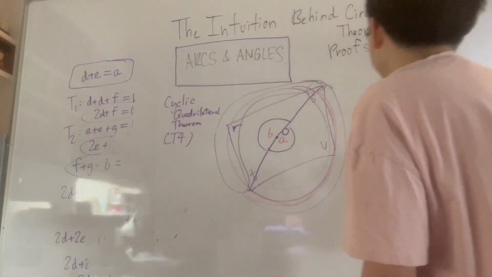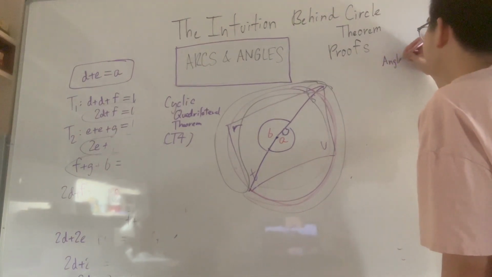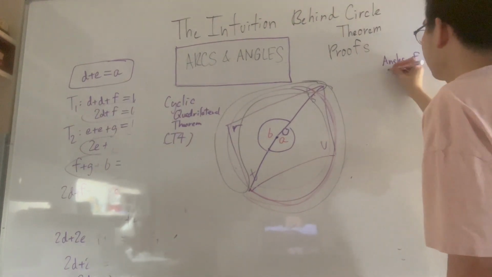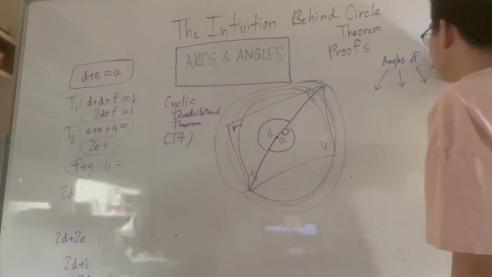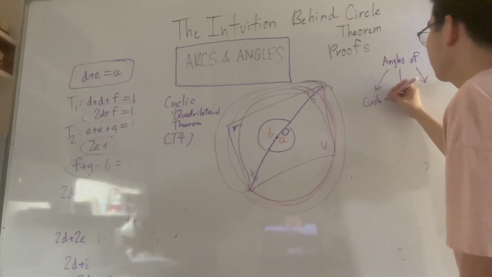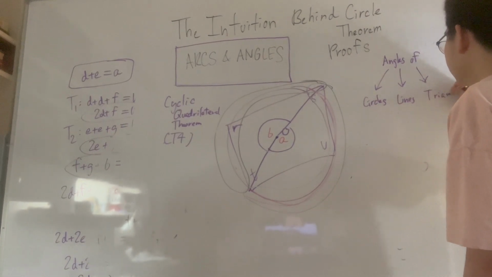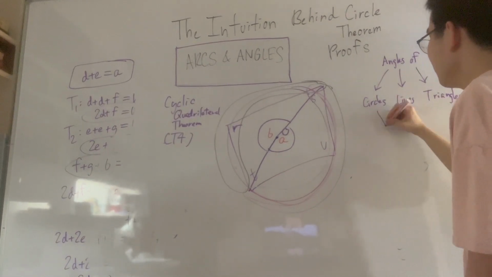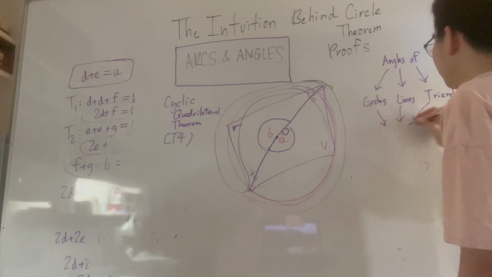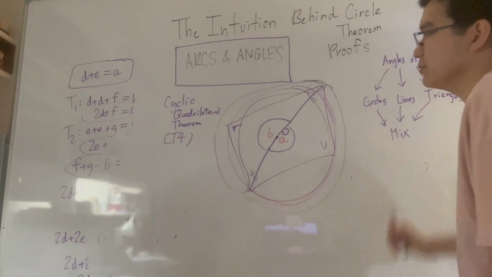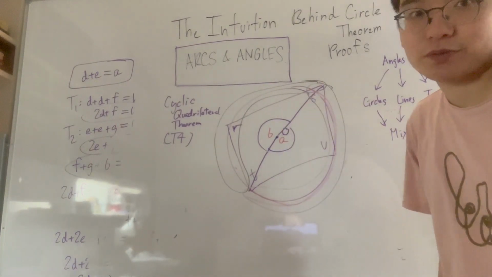So let me draw it here. Angles, circles, lines, and triangles. We take them and we essentially just mix them up with each other in some sort of arguments, and then we're able to get these four theorems for free.